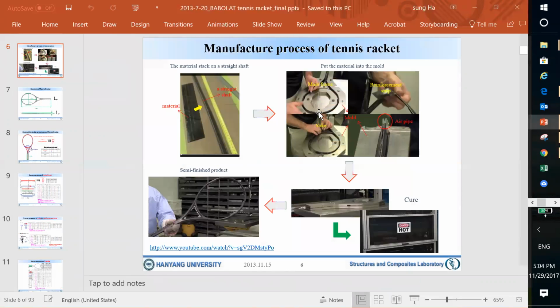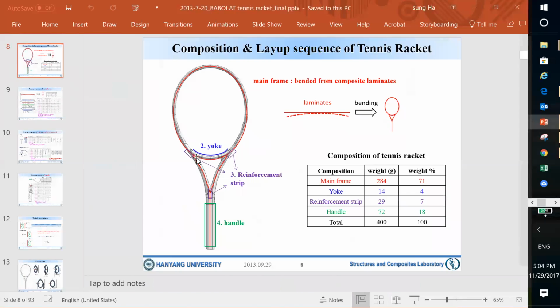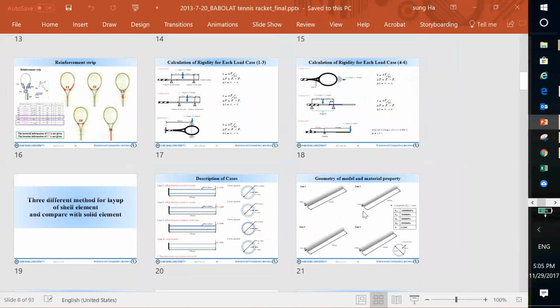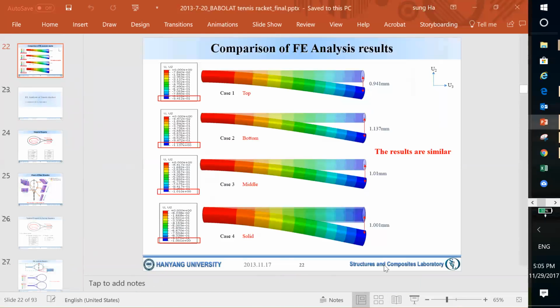Well, we have a certain procedure for producing this a rim, and then we have this yoke or a strip and a rim. We consider all the stiffness and deflections, the deflection like that.